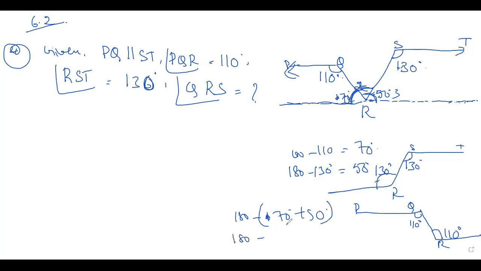So 180 minus 70 plus 50 is 120, that is equal to 60 degree. So this is 60 degree. Understood, children? So let us see. Did you understand how we did it?